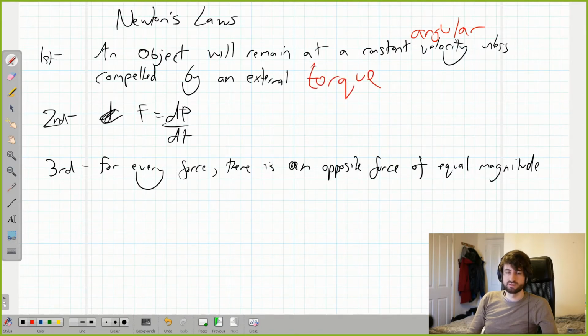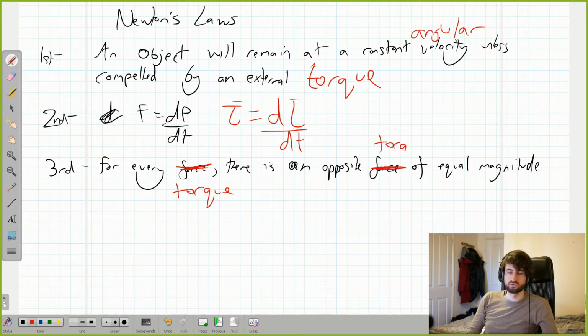F equals dp by dt becomes tau equals dL by dt. For every force, there is an opposite force of equal magnitude; for every torque, there is an opposite torque of equal magnitude.